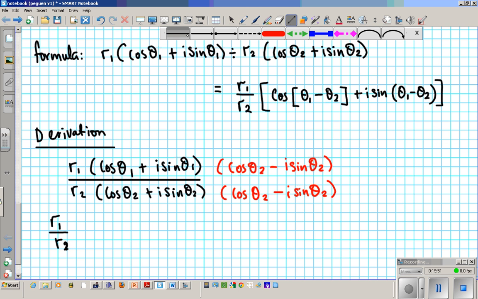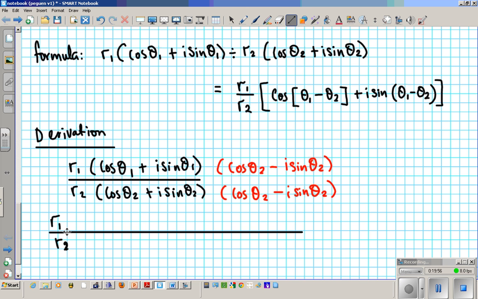Distribution on the top is a little bit long. It's going to be cosine theta 1, cosine theta 2. That's first. Then outer is going to be minus I sine theta 2, cosine theta 1.